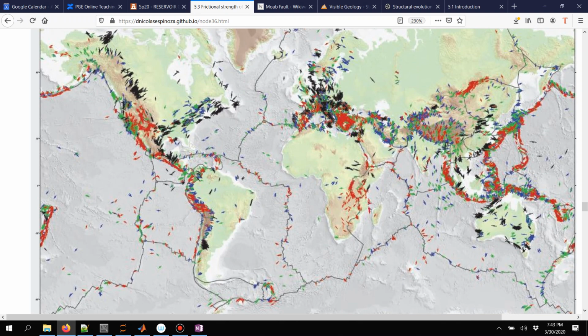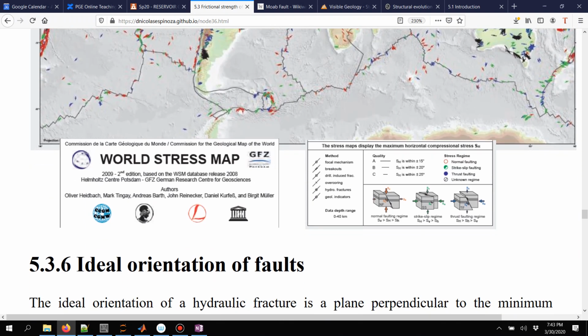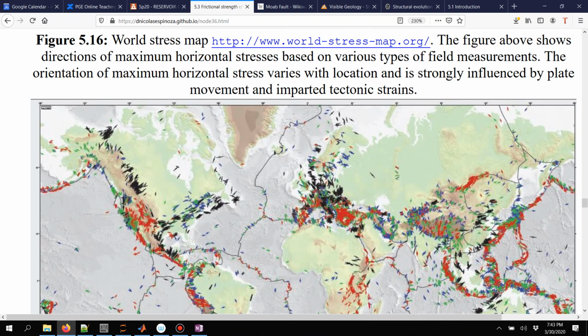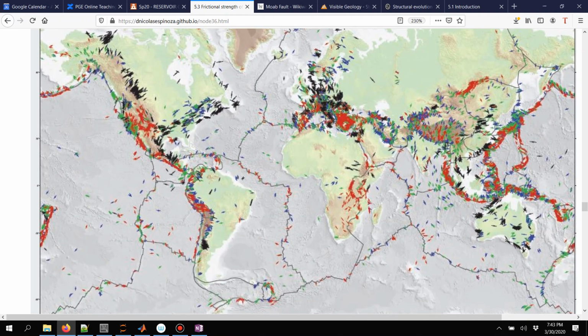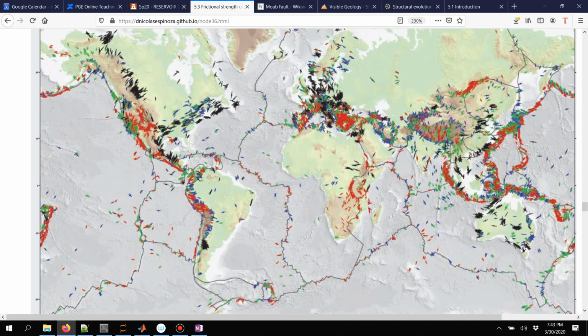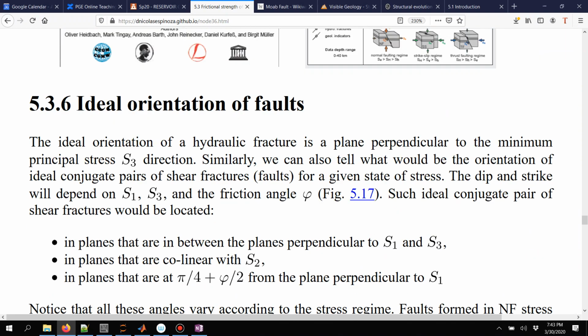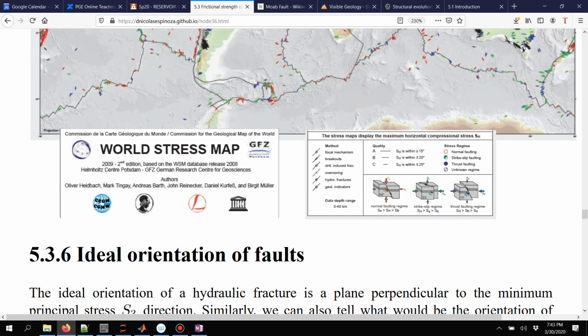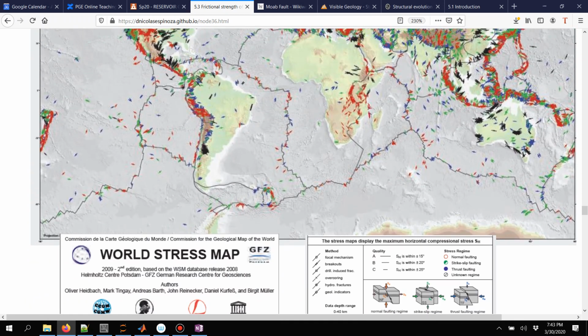Also, you can see that affected by, in this case, strike slip and also thrust faulting is more evident here in the Appalachians. The line of the Appalachians, you see a combination of those stress regimes.